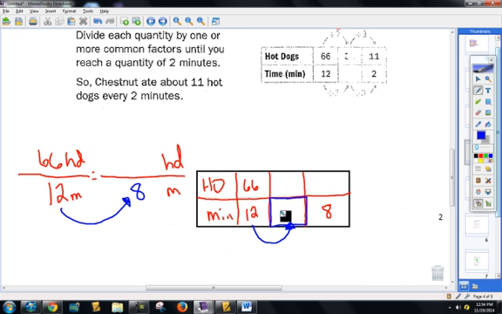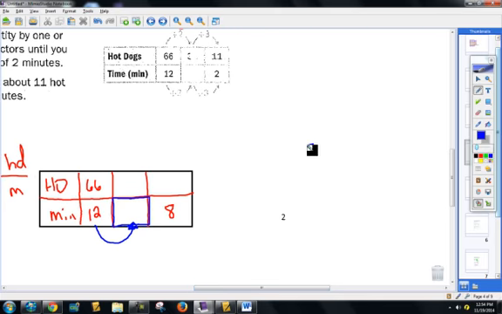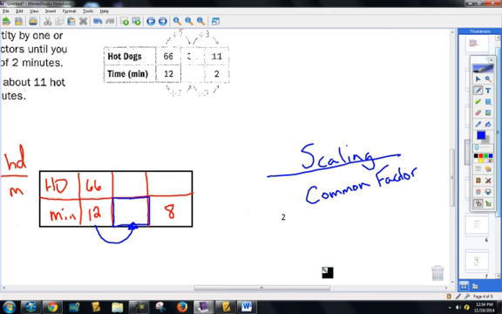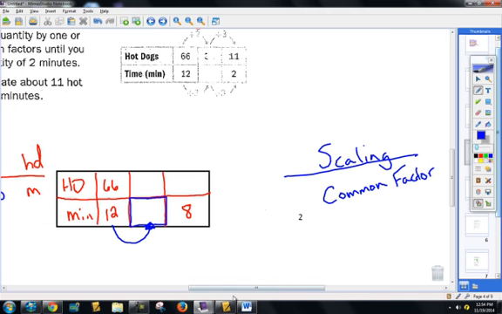What do you call a number that would be able to divide 12 evenly and 8 evenly? Common factor. Absolutely. So over there where you wrote scaling, I'd like you to please write common factor. Everybody got that? So you want to use a common factor.